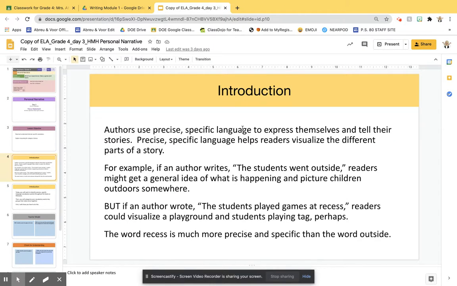But if the author said, "The students played games at recess," then you can imagine the story more clearly and probably visualize a playground and students playing tag, or maybe swing sets outside, or something like that. So the word recess is much more precise and specific than the word outside.